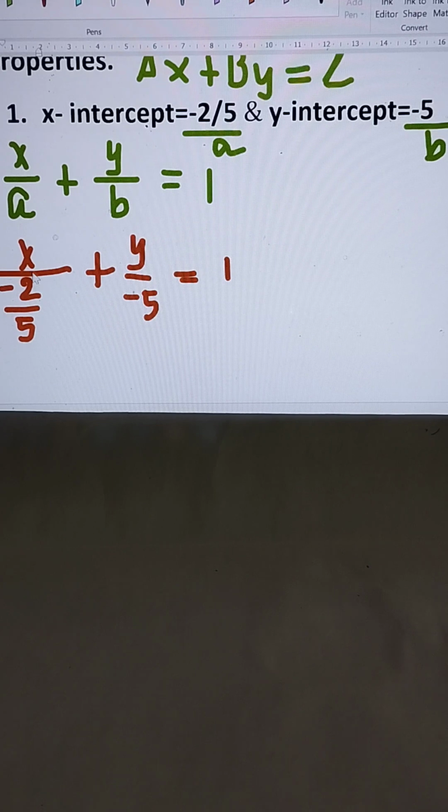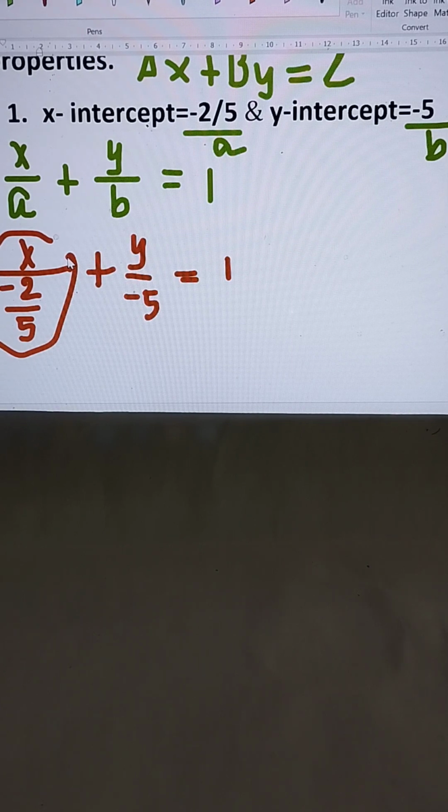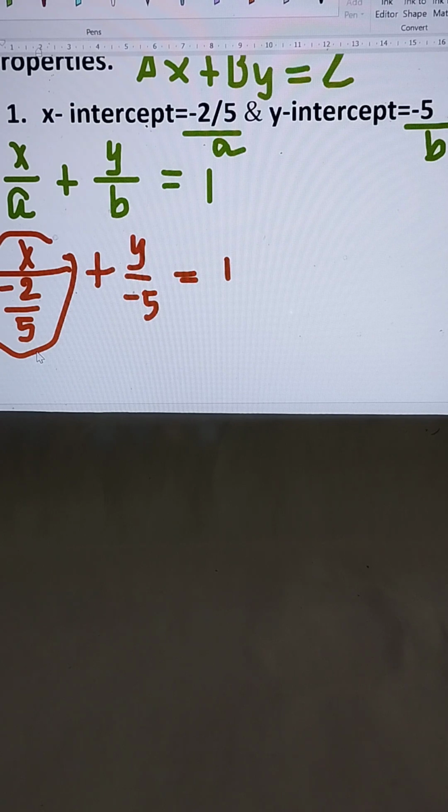Since this is a complex fraction, you multiply both the numerator and the denominator by the LCD of the numerator and the denominator. Your numerator here is x, while the denominator is negative 2 over 5. What is the LCD? Since you are only dealing with the 5, that is already your LCD.